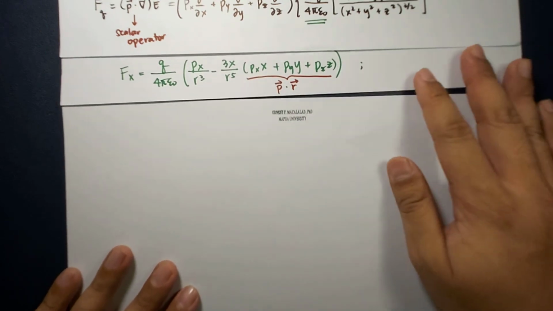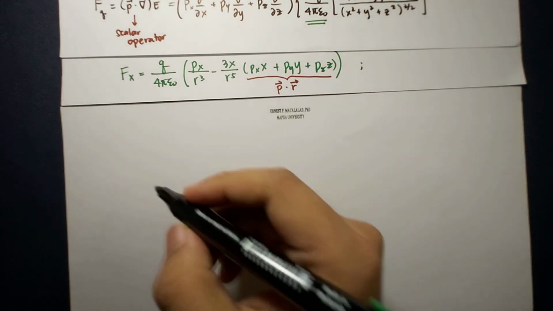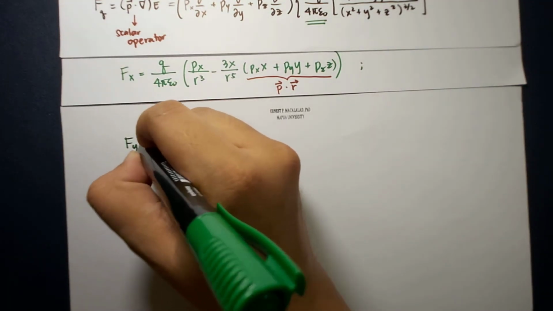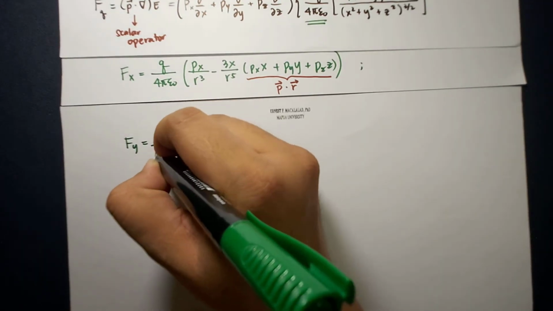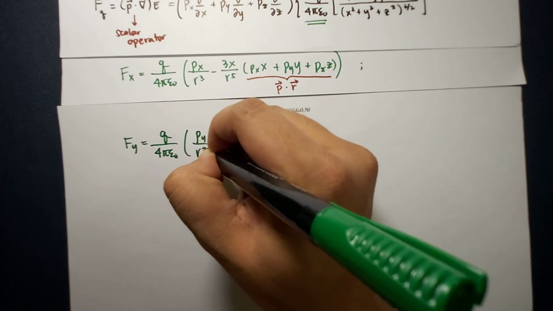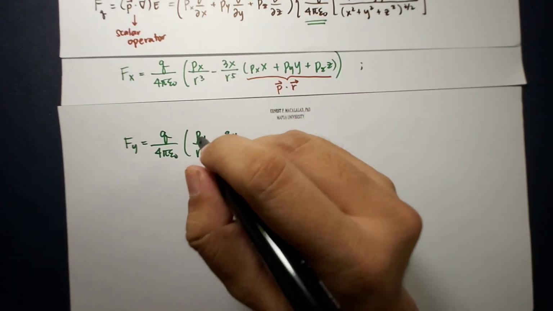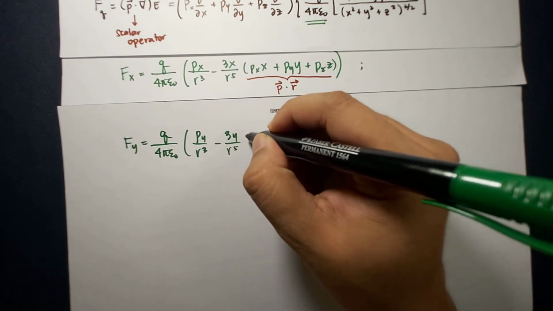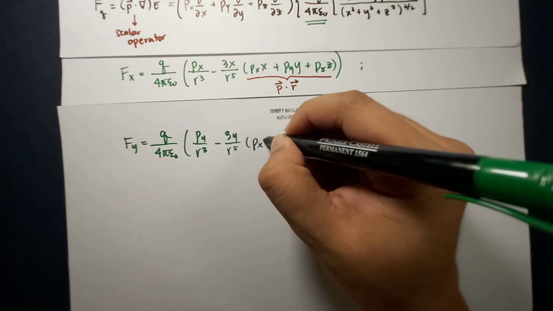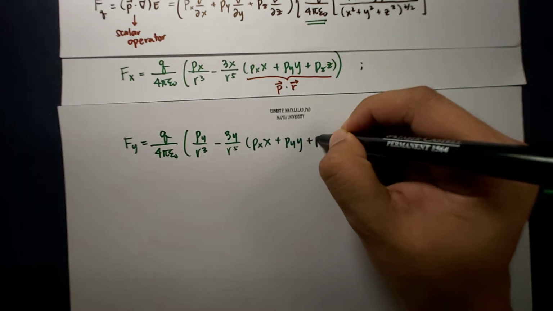We'll have Fy, which will follow the same form, wherein Fy is equal to Q over 4 pi epsilon naught times Py over r cubed minus 3y over r to the fifth times Pxx plus Pyy plus Pzz.